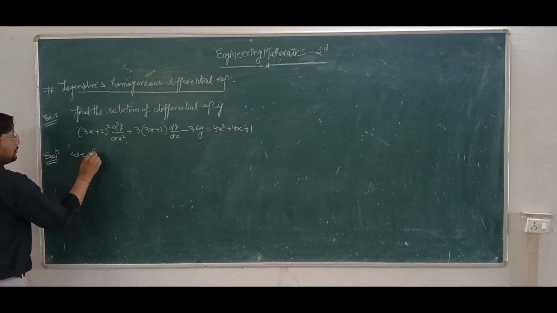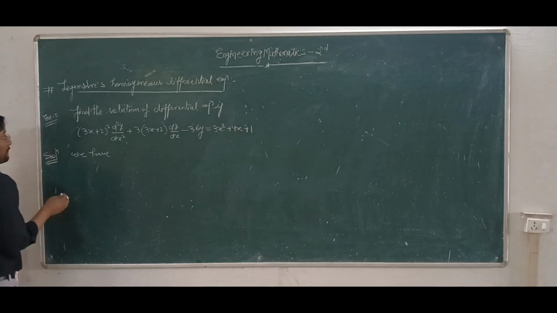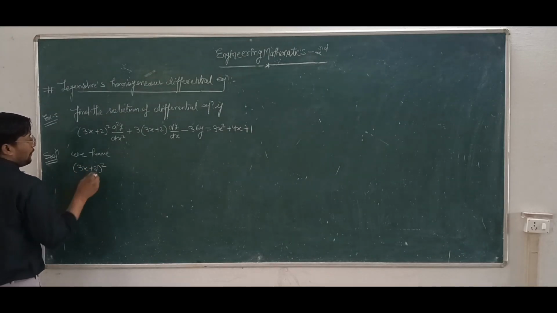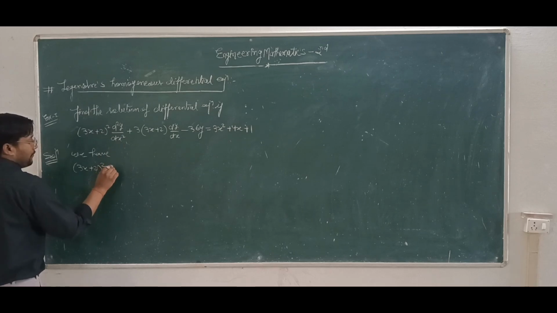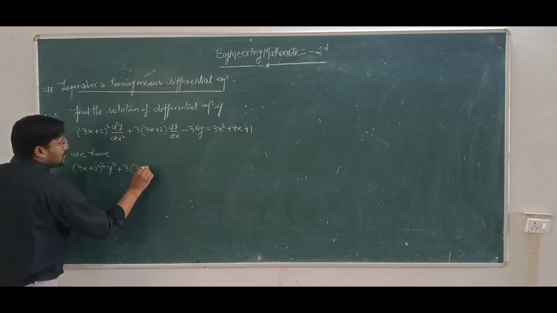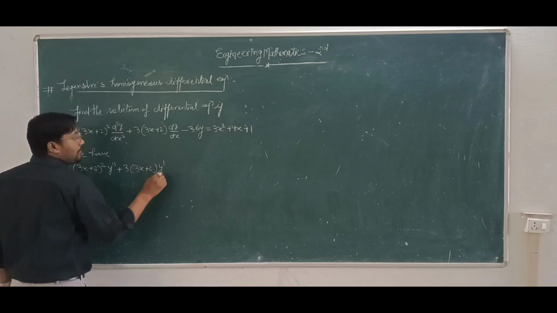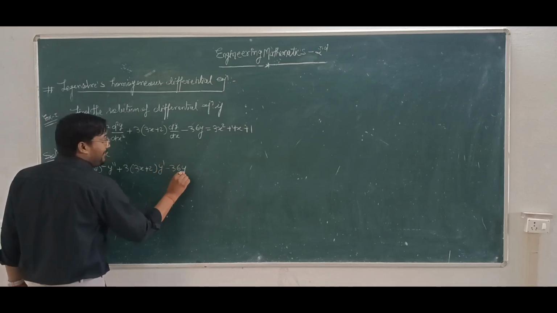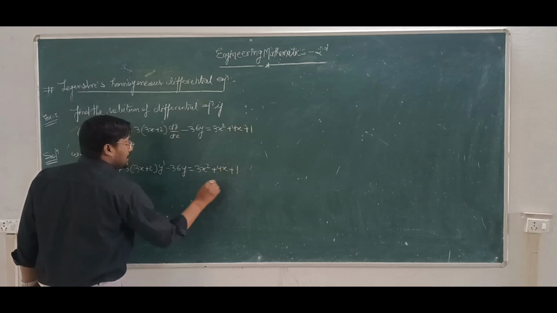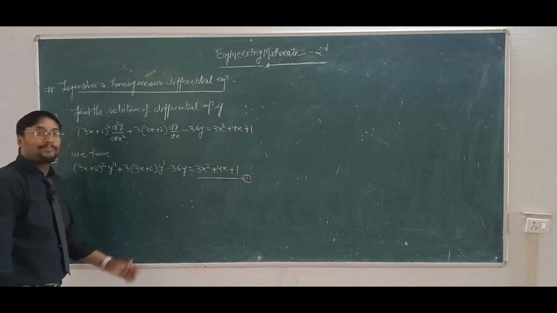We have (3x+2)² y'' + (3x+2) y' − 36y = 3x² + 4x + 1. This is equation number first.